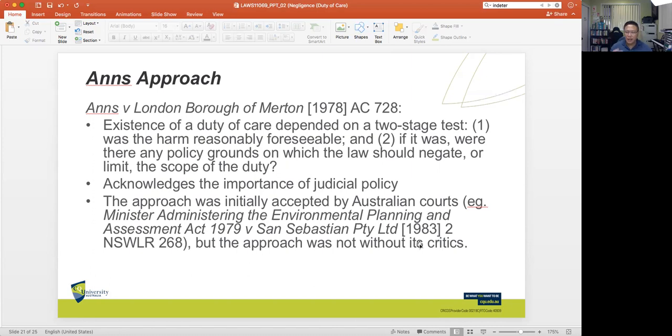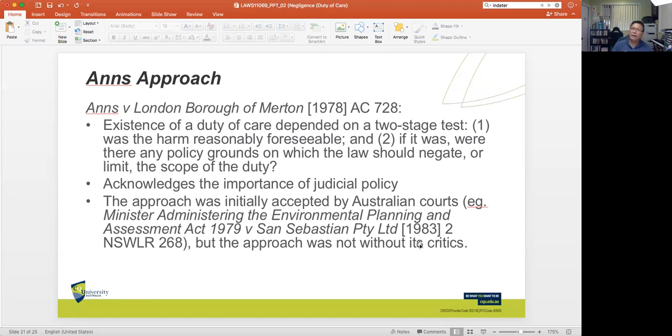And as we see in a lot of the cases, I think in week 3, when it comes to the standard of care, policy grounds can often prevent an action on the basis of the tort of negligence against a local council, because the courts would say that if you allow a tortious action to be taken against a local council for all sorts of potentially negligent action, there is no limit to potential council liability.